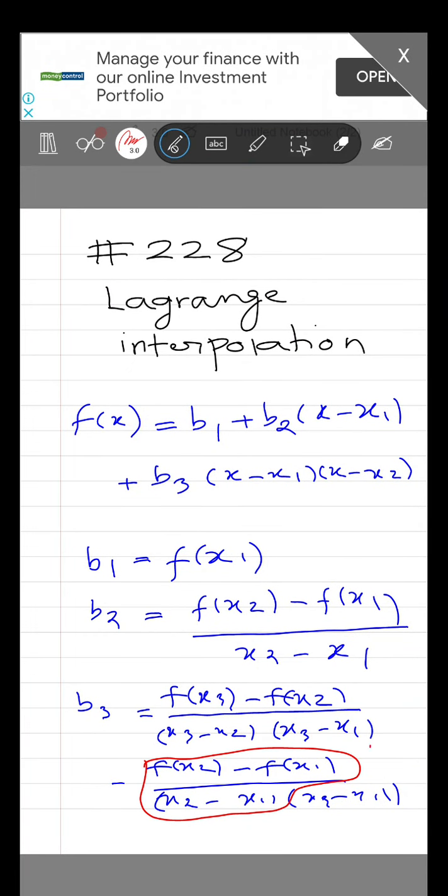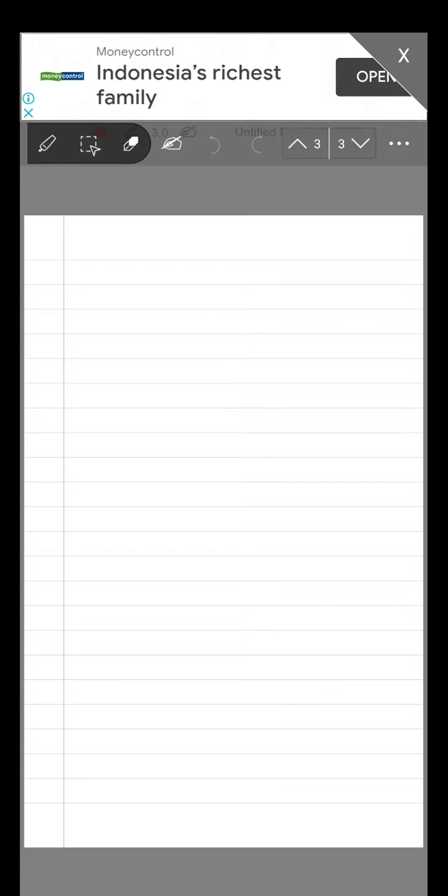Now the calculation of the coefficients may be further simplified by assuming the following form. So we go to third degree polynomial in this case.